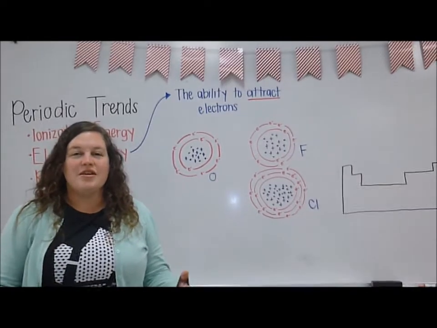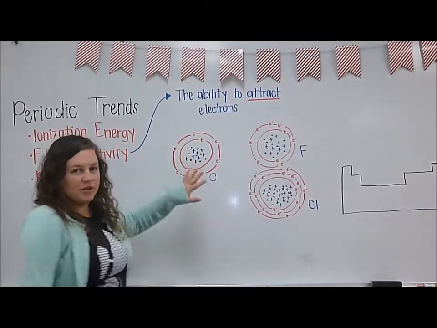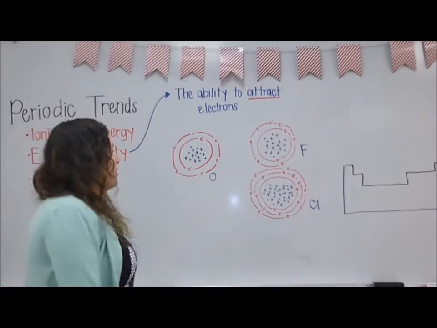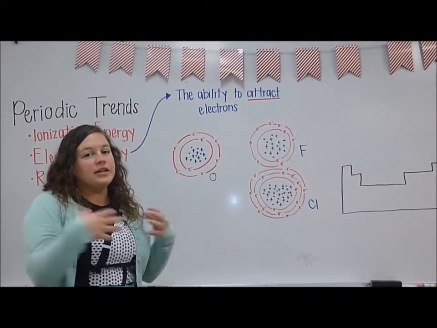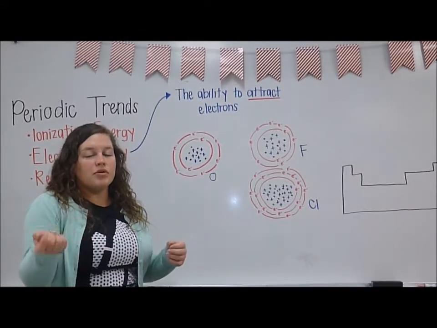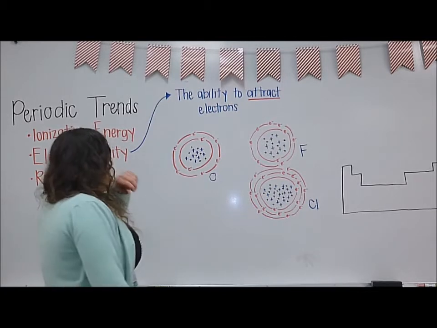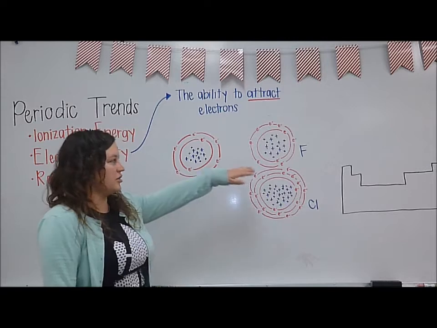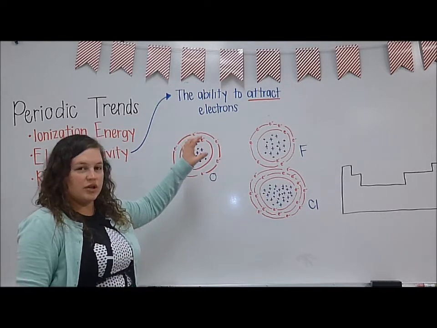All right, now we're going to talk about electronegativity. Electronegativity is the ability for an element to attract an electron from another atom. So the stronger that nuclear charge, or the stronger that pull from the nucleus, the more they're going to be able to pull an electron from somewhere else. For example, if we go across the row and look at oxygen and then fluorine, both have those 2 shells of electrons.